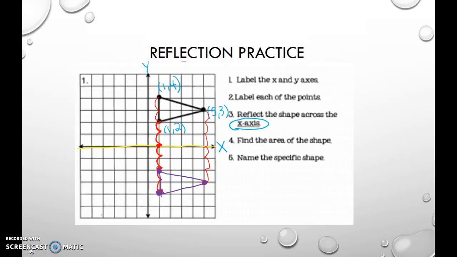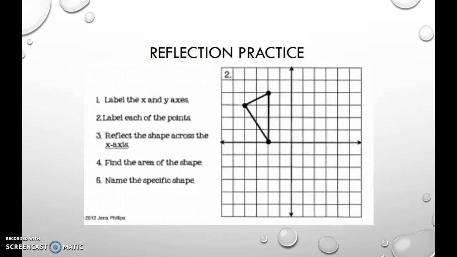The other thing I want you to remember is that if this were A, B, C, for instance, my new image would be A prime, B prime, C prime. And this guy up here would be my pre-image, and my new figure down here would be my image. Okay. All right. Next problem.